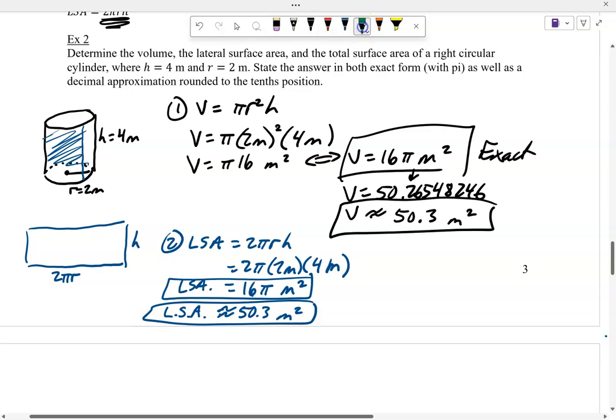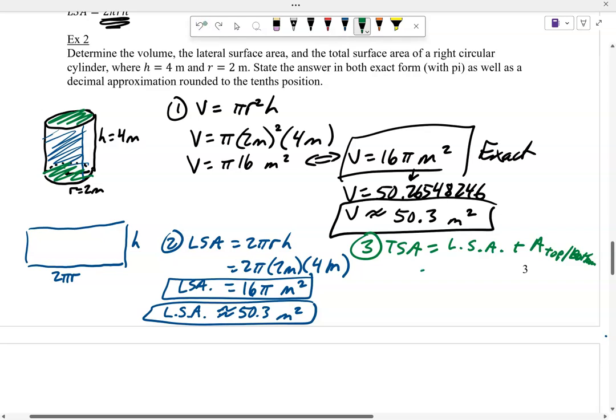Now, our total surface area would be that lateral surface area plus the two circles on the top and bottom, right? Plus the area of the top and bottom, which is the two circles. So that'd be the top, that'd be the bottom, right?